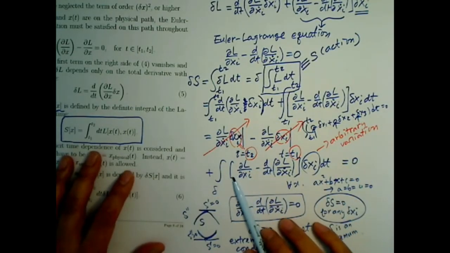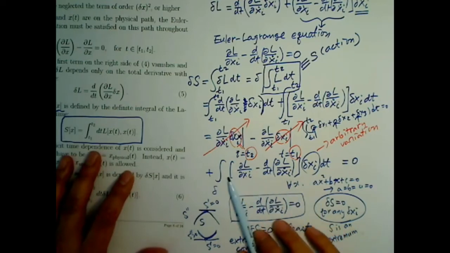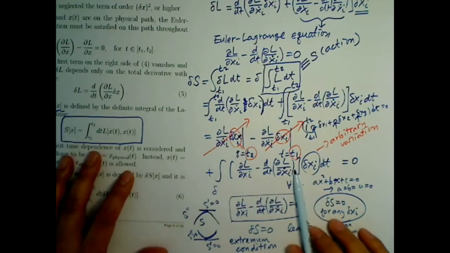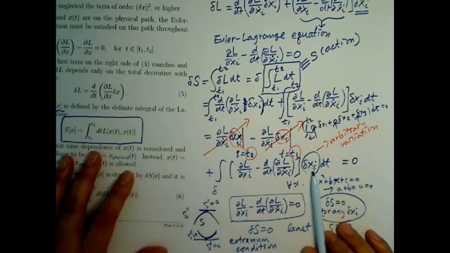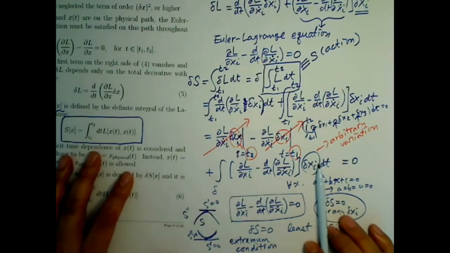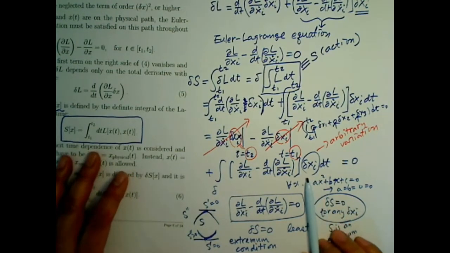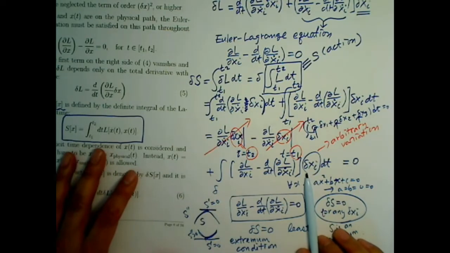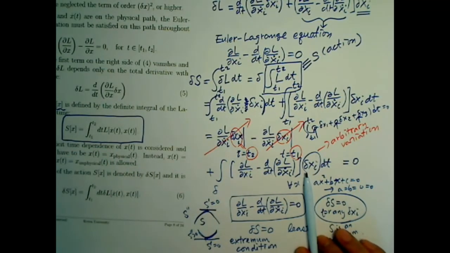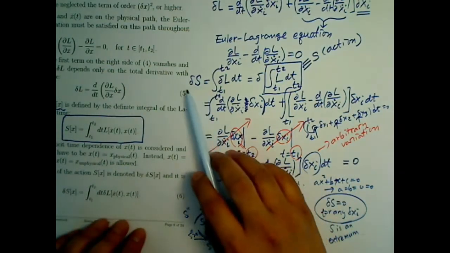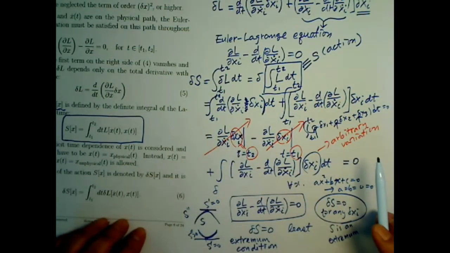And then we have a sum of integrals depending on the independent variations. The variation of every coordinate can be made independently. So this arbitrary contribution gives 0 when delta S is 0.